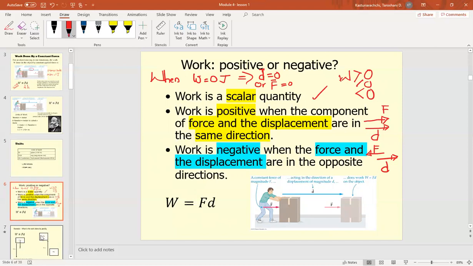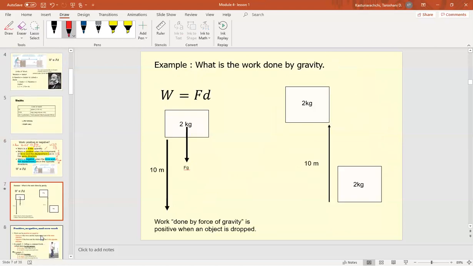Okay, before that, let's look at here. What is the work done by gravity? That means I am looking at a gravitational force, Fg, which is equal to mg, right?